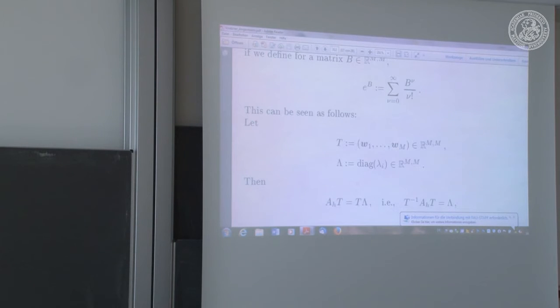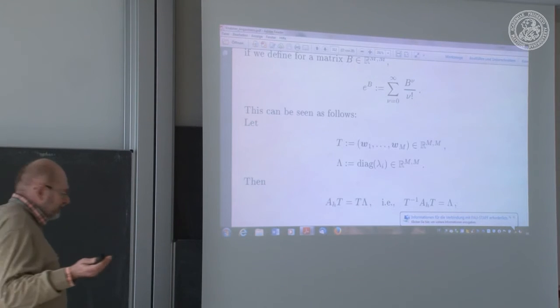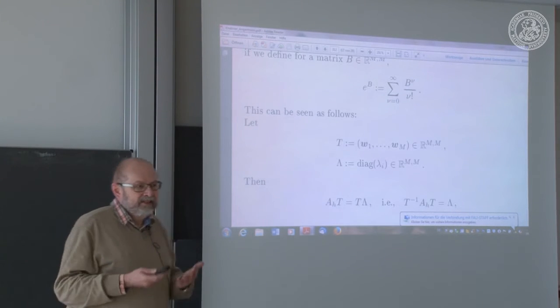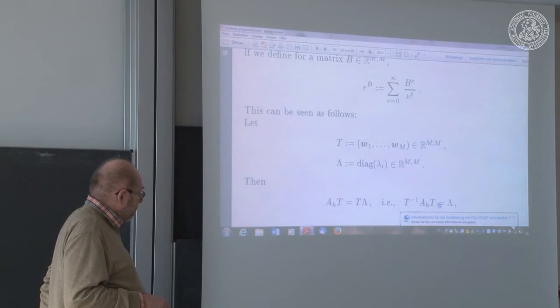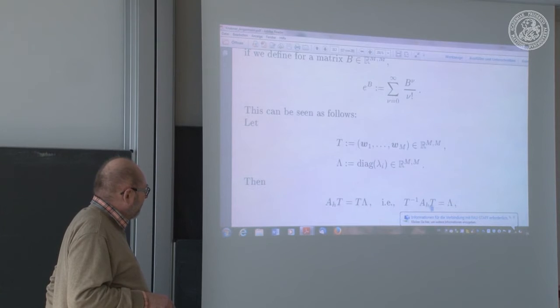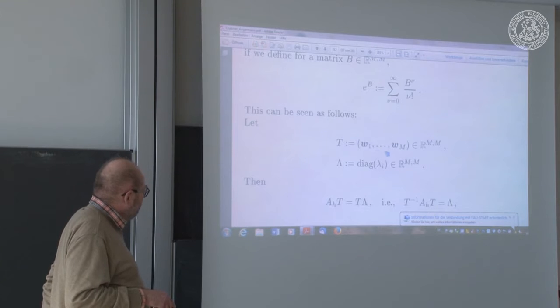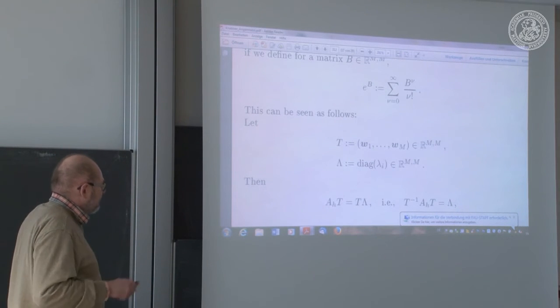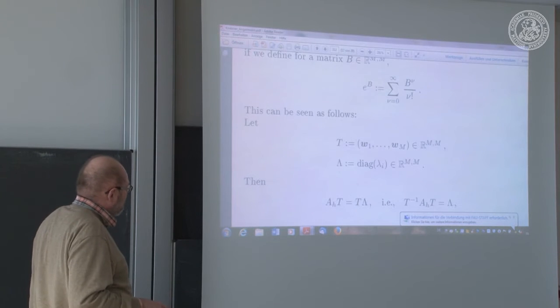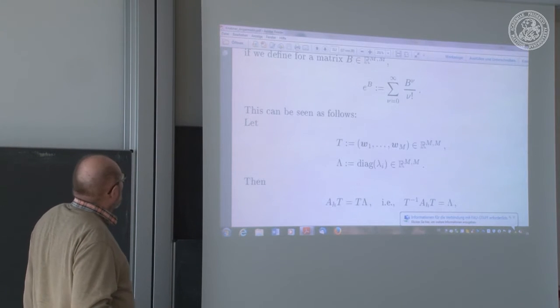This is just a tautology, saying what it means that a matrix is diagonalizable. That is nothing but saying there is a similarity transformation to a diagonal matrix, and again by this it's nothing but saying there's a basis of eigenvectors, and these eigenvectors produce the transformation matrix.